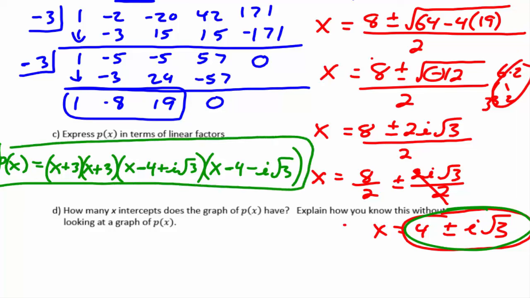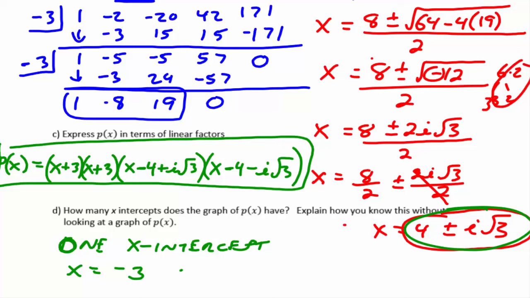How many x-intercepts does a graph have? Only real solutions are x-intercepts. We have 2 real solutions. However, it's repeated. So this is only going to have 1 x-intercept. x equals -3.